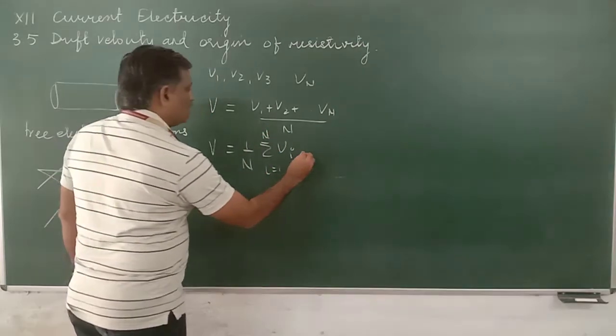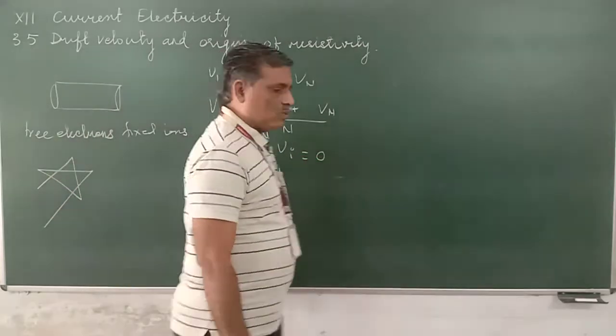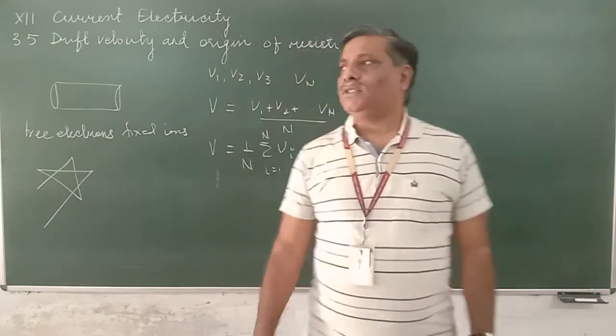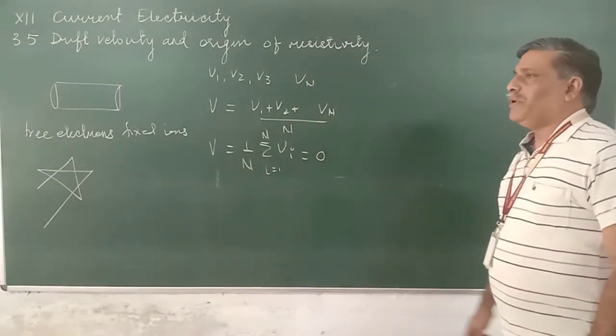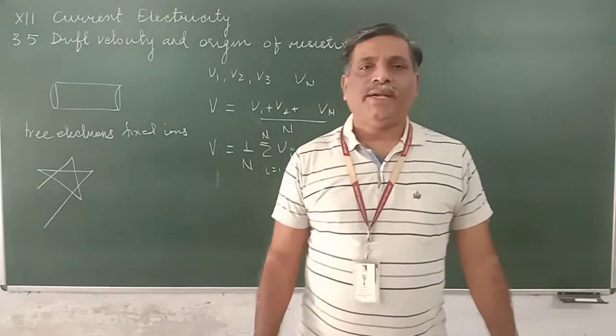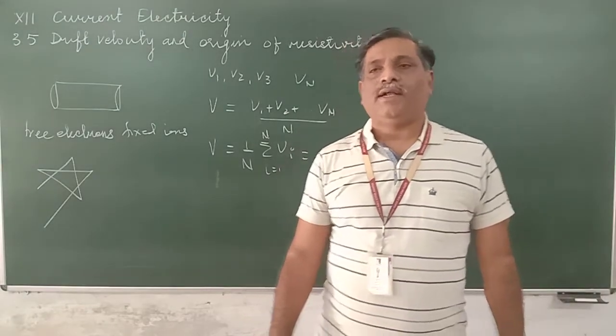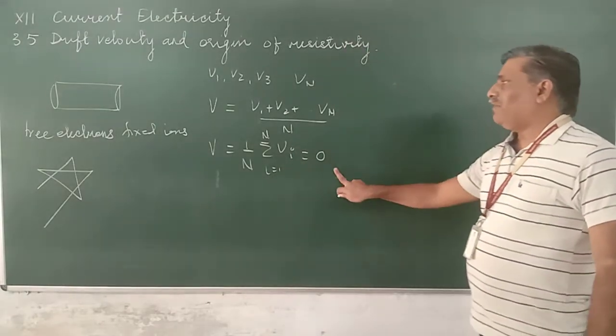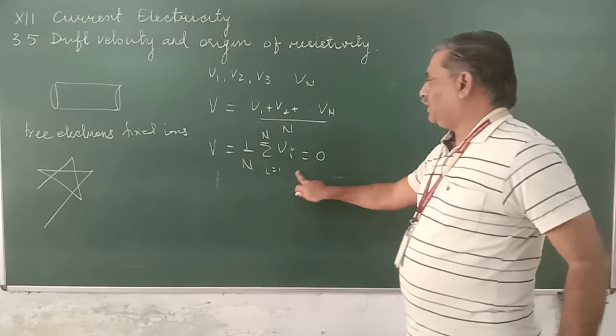This average value is equal to 0 as the electrons are randomly moving, but their speed does not change, only their direction changes. So the average value of velocity is equal to 0.